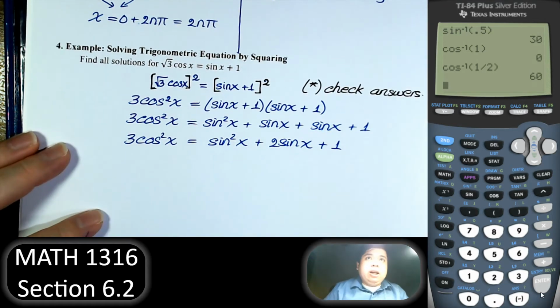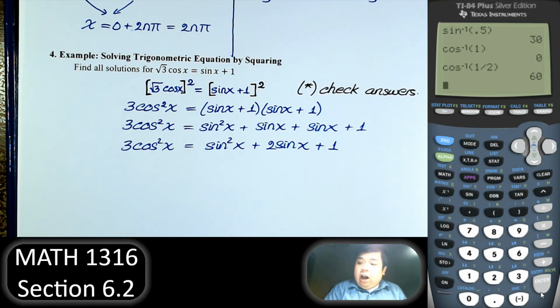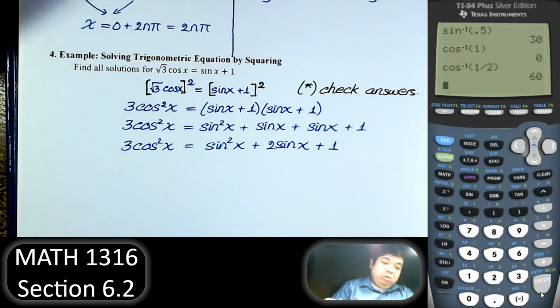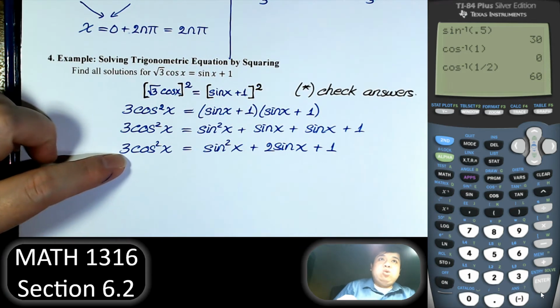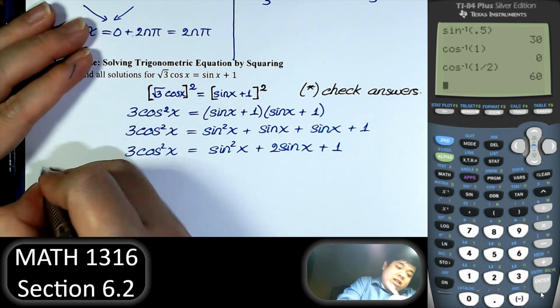Right. So we square both sides. That's what we have. The next step is, it would be nice if we write everything in terms of just one variable, right? We did this in the previous chapter. More often than not, when we have cosine squared and sine squared, we use the Pythagorean identity.